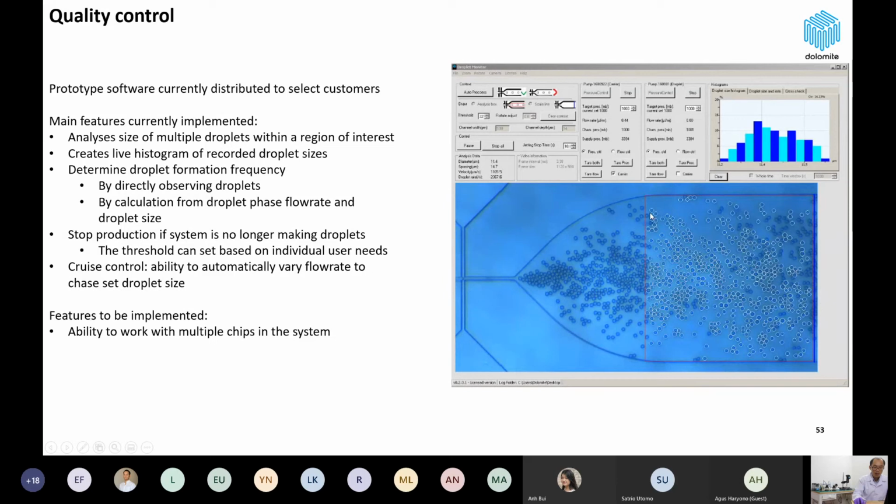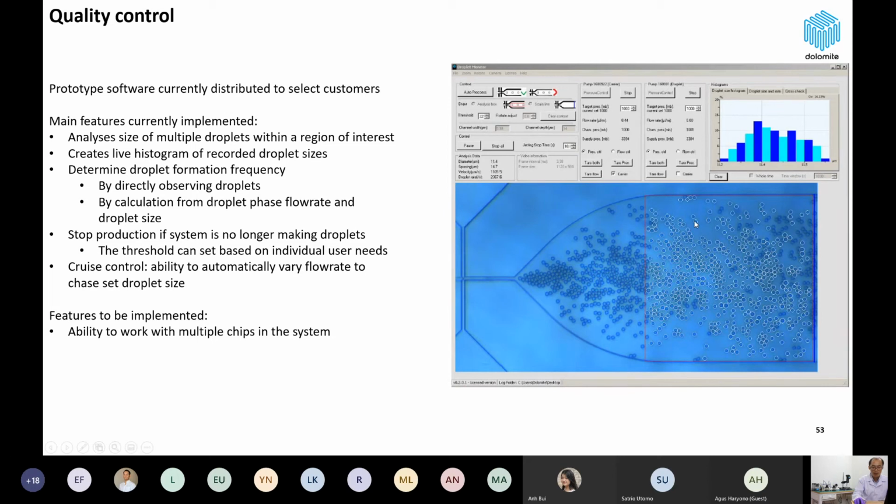It can also automate controls, like stop production if the system is no longer making droplets, or cruise control to automatically vary the flow rate to change the droplet size.